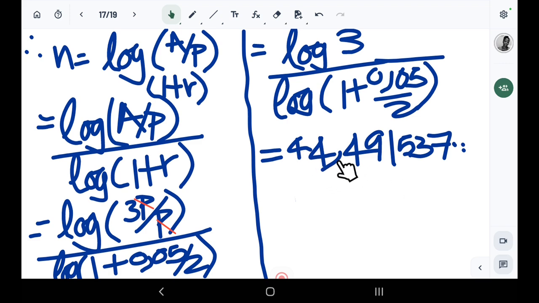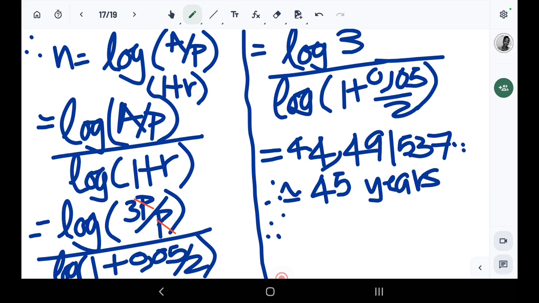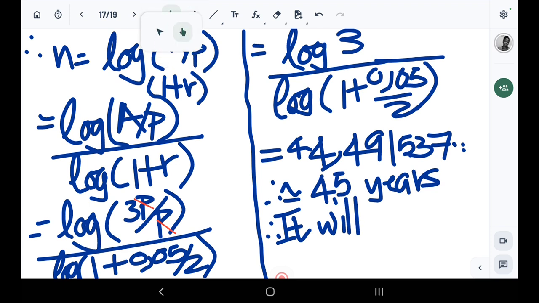So that will take, therefore, approximately 45 years. It must be a whole number. 44 is too small: the population will not be tripled in 44 years.